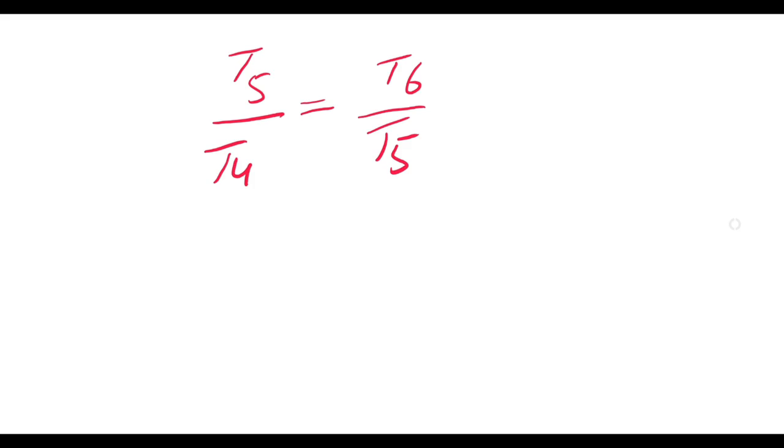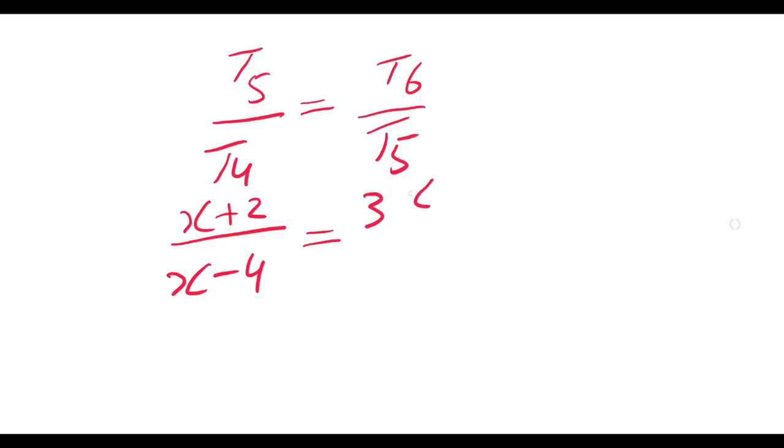So T5 over T4 is equal to T6 over T5. So we got T5, x + 2, over x - 4, this is T4, is equal to 3x + 1 over x + 2, which is T5.